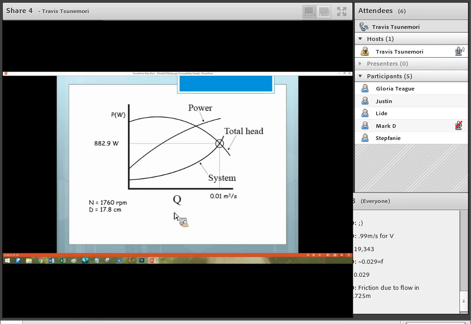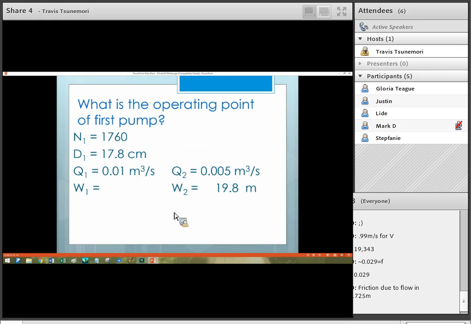In this particular case, we read off that for the first situation, we have a Q of 0.01 meters cubed per second and a power of 882 watts at a speed of 1760 and a diameter of 17.8 centimeters. I like to set up these tables when I'm using the pump affinity laws so that I don't get confused.